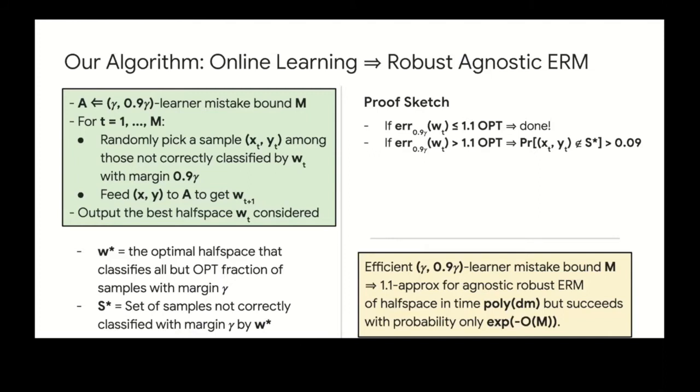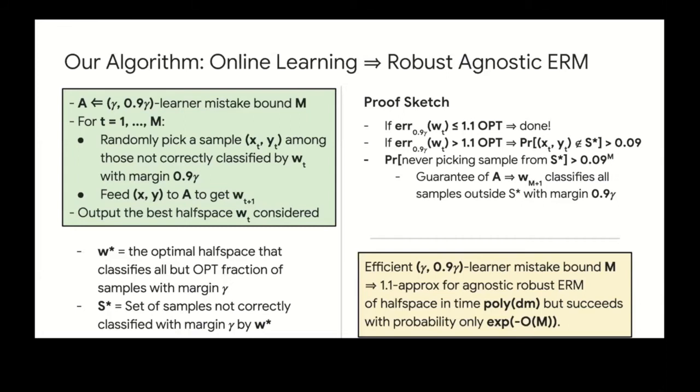This means that when we randomly pick a sample xt, yt, we are picking it from 1.1 opt fraction of points, but S star only contains opt fraction of samples. That means that the probability that xt, yt is not from S star is some constant greater than 0. So since we run this for M rounds, the probability that we never pick anything from S star is at least exponentially small in M.